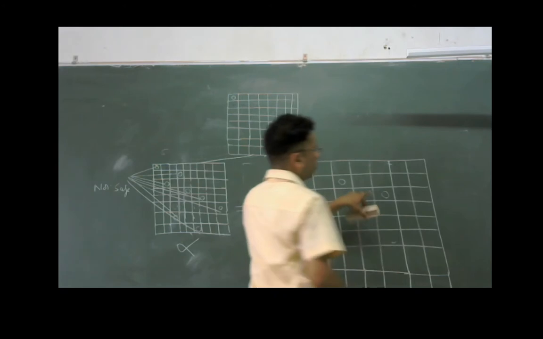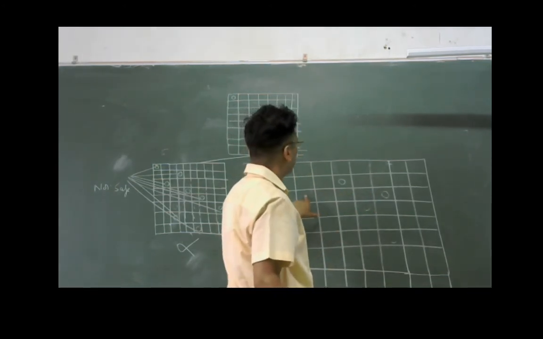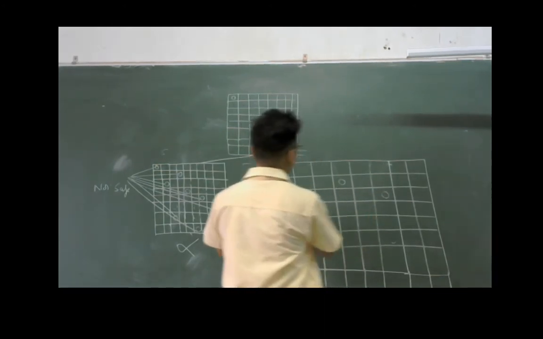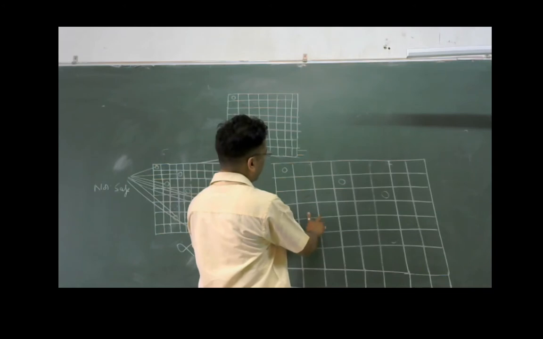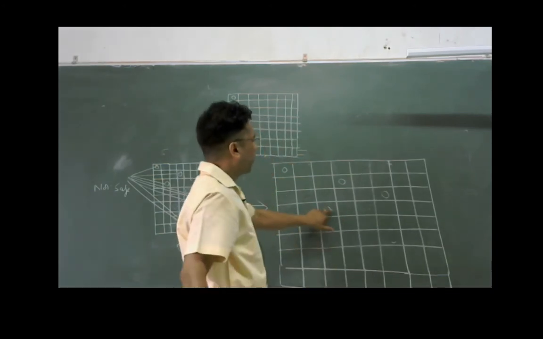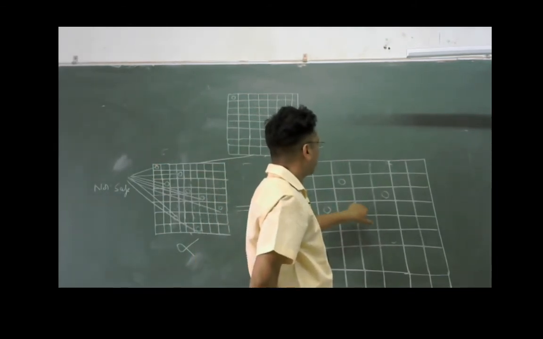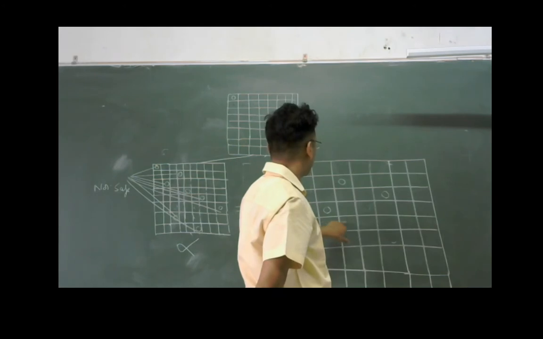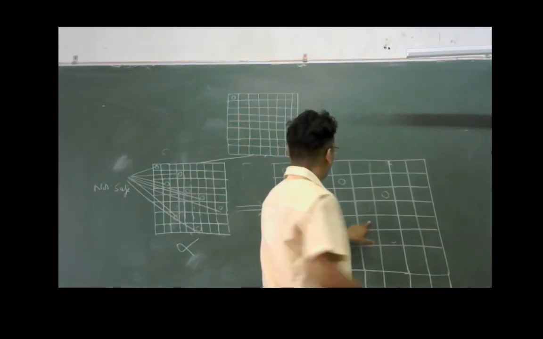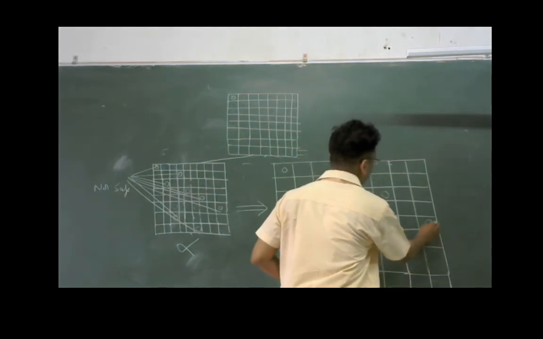After placing this queen at this position, in the 4th row we cannot place the queen here, not here, but we can place it here. After placing it here, the next queen in this row cannot be placed here, cannot be placed here, but we can place it here.